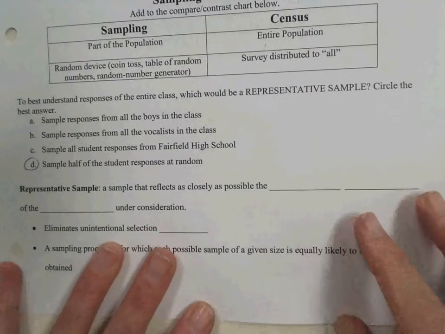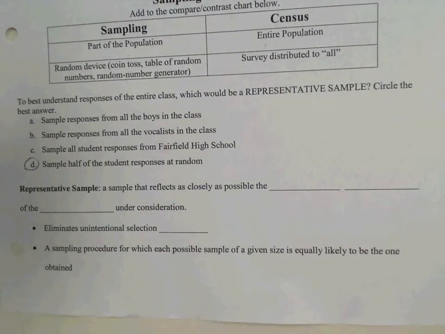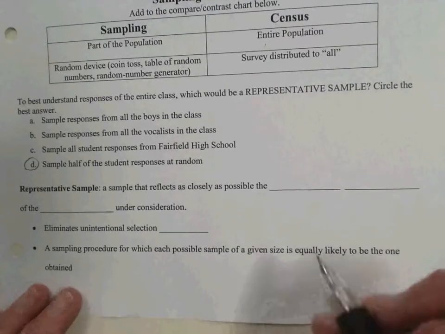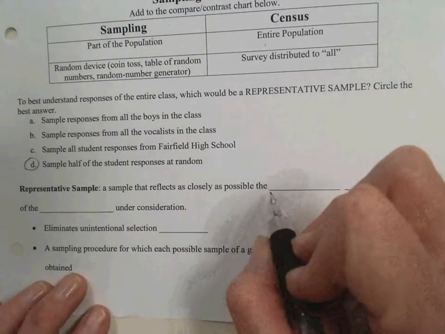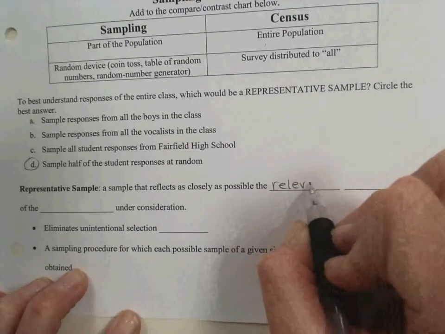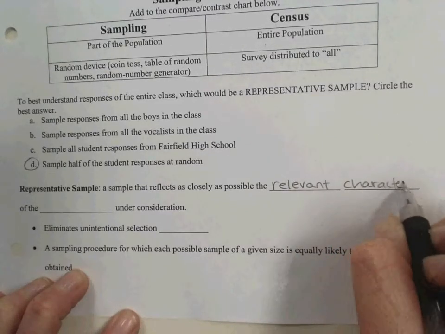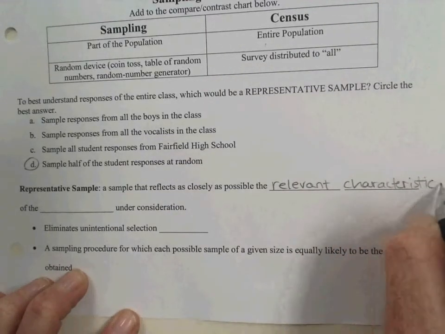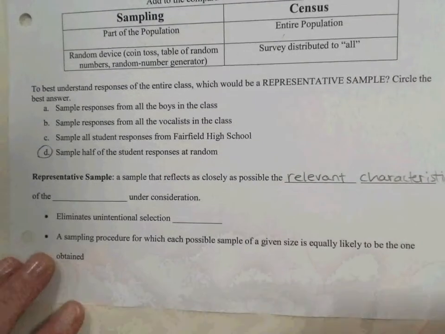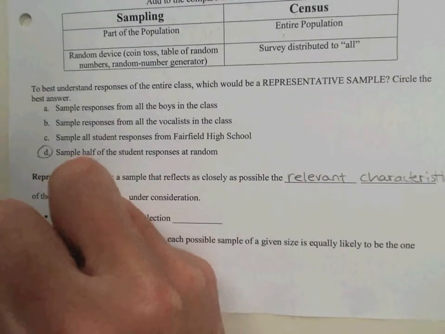You'll have a vocab assignment I'll assign on Monday, but if you want to work ahead, that will be on your vocab list. It's a sample that reflects as closely as possible the relevant characteristics of the population under consideration.